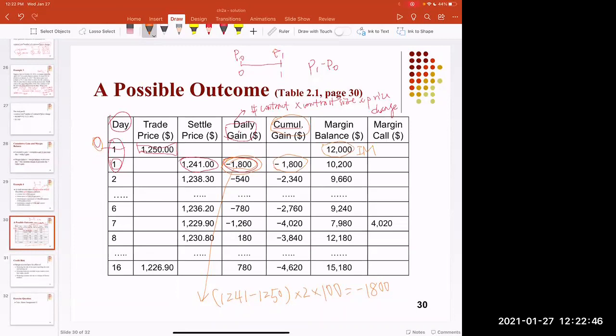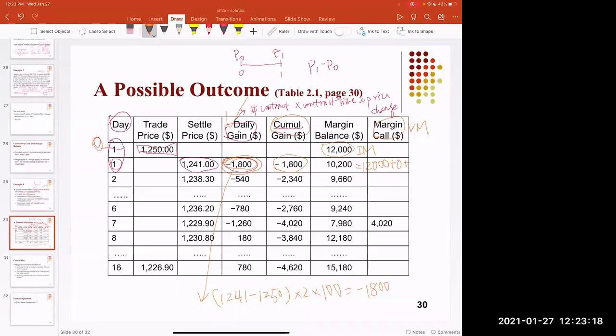The margin balance is calculated by the previous margin balance, which is 12,000, plus any variation margin. The last column here is called a margin call, or you can put the variation margin, same thing. We don't have variation margin, right? So plus 0, and then plus today's gain, from the daily gain column.